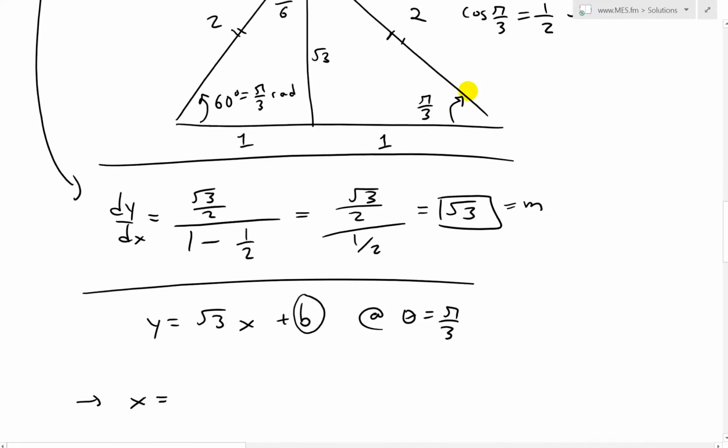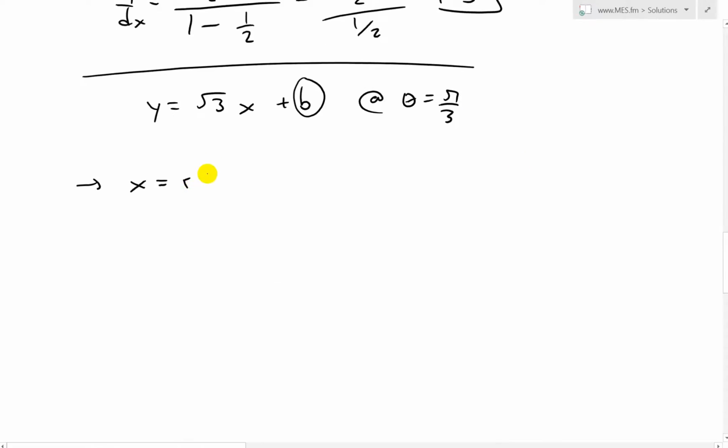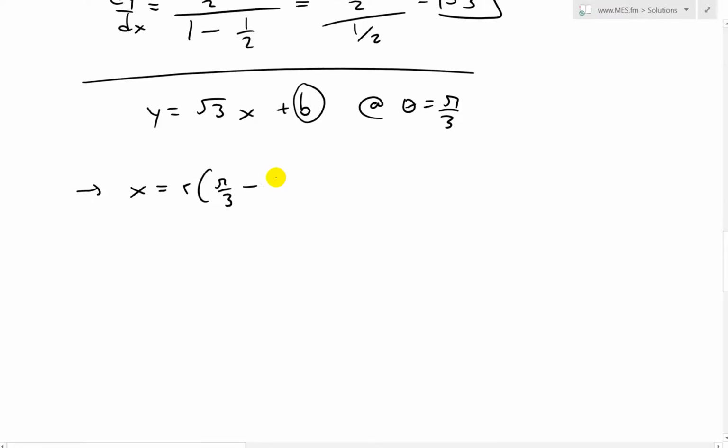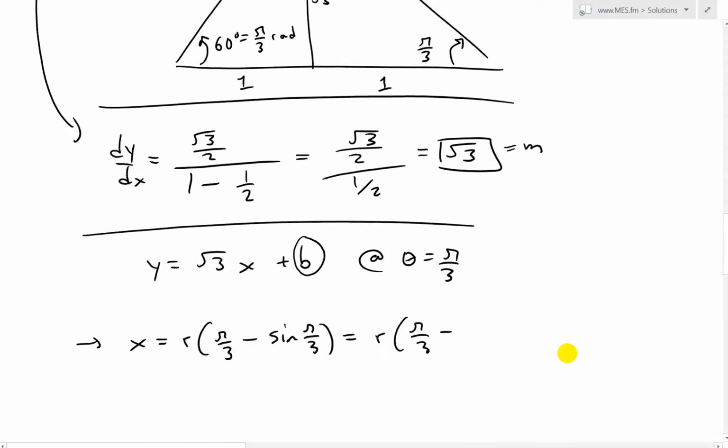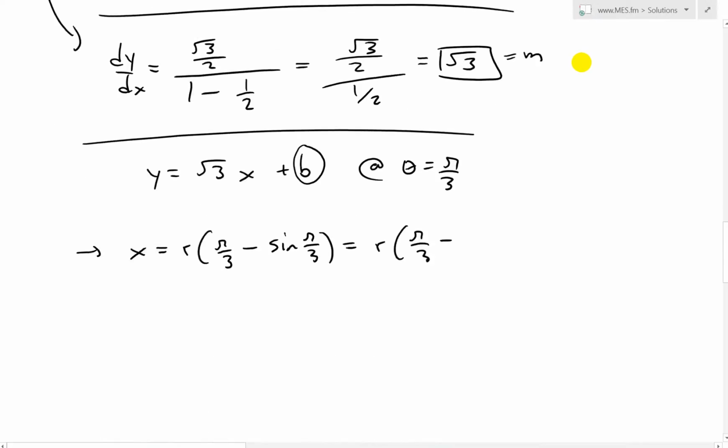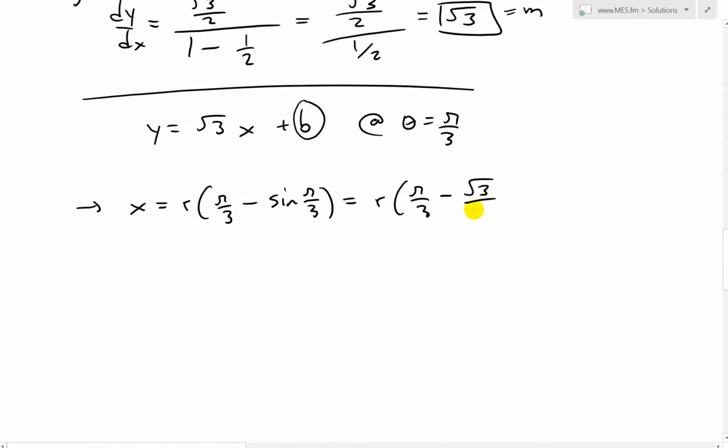So we plug in pi over 3, and we get x equals r times pi over 3 minus sine pi over 3, which equals r times pi over 3 minus square root 3 over 2, like that.